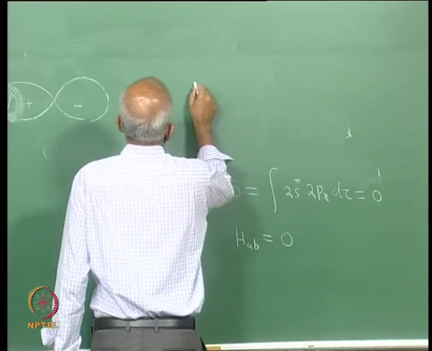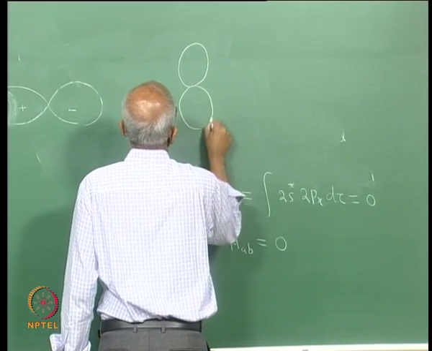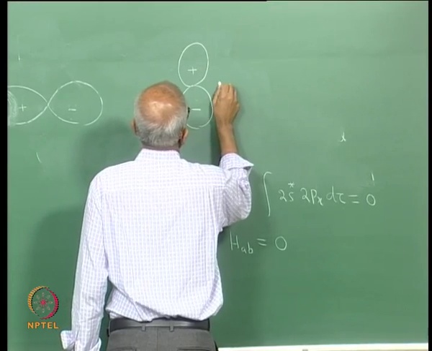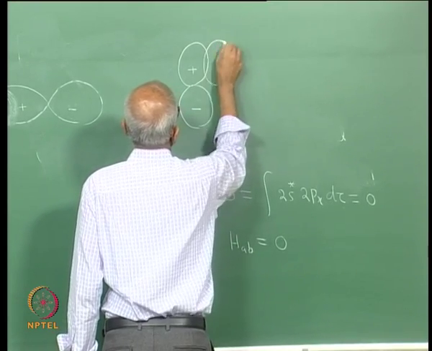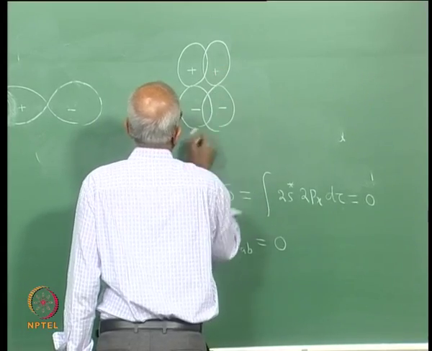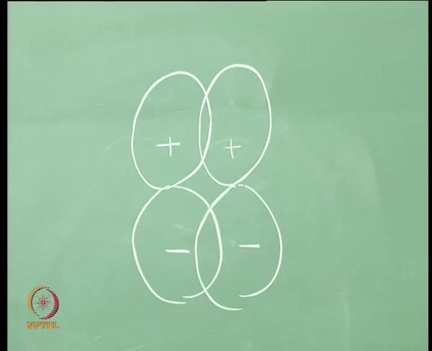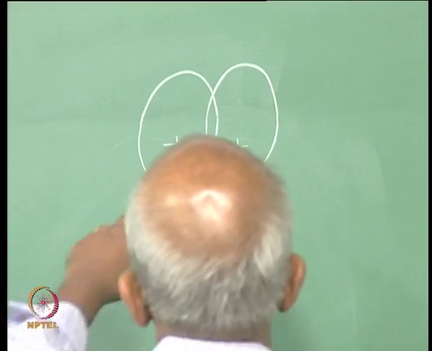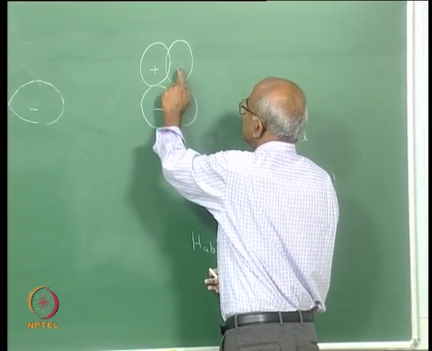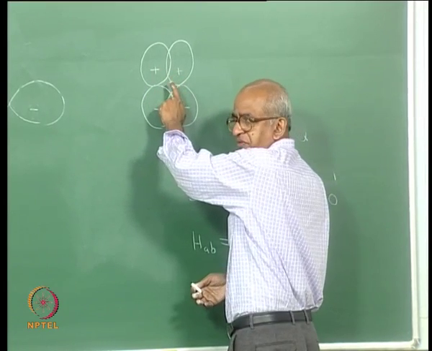This is 2px on the first atom having plus and minus, and you can say okay 2px on the second atom would be something like this. And in this case there is an interaction. Why is it that there is interaction? This lobe and this lobe of this p orbital and that lobe, they are actually both positive.